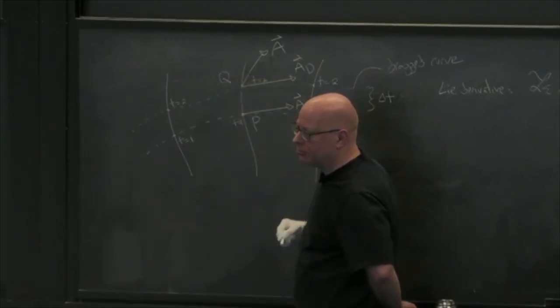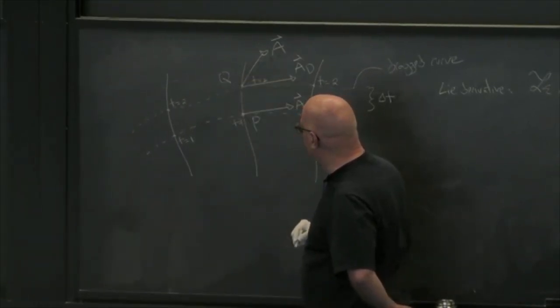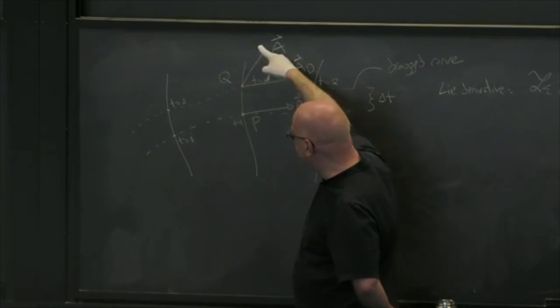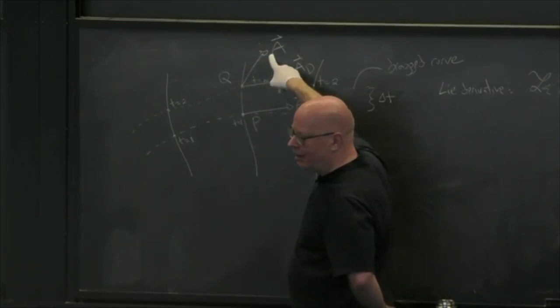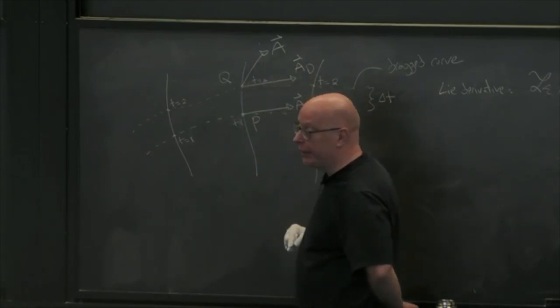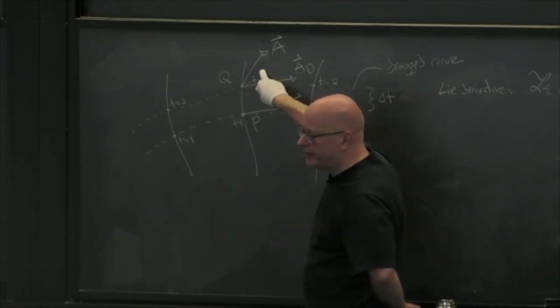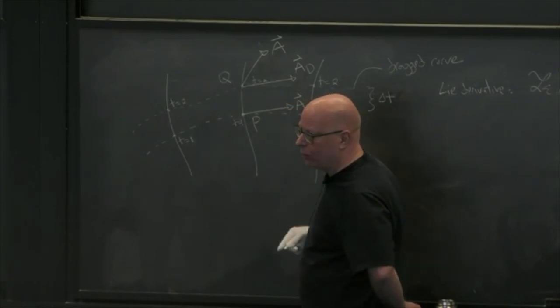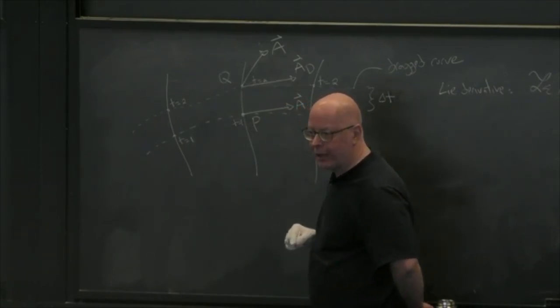A has to be tangent to something, right? Yes, there would be integral curves of A. I'm just not drawing it. I've drawn one, I'm not drawing the second one. It doesn't play a role in this discussion. Okay, so we're all good so far?